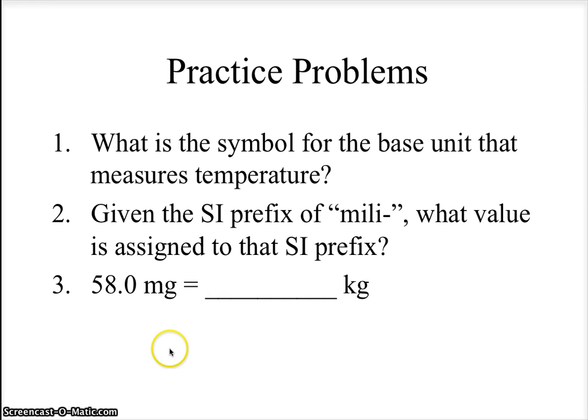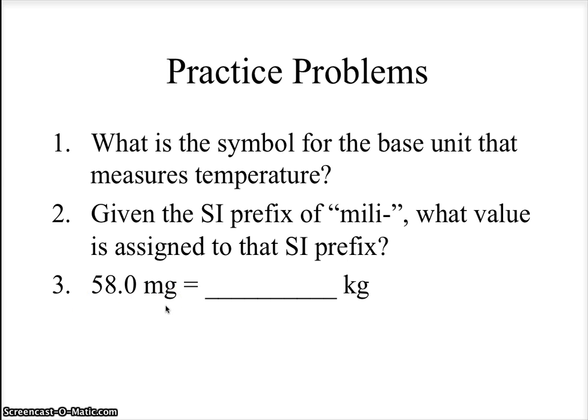So essentially you have a small measurement of some mass, 58.0 milligrams, and you have to make it have the same amount of stuff in terms of kilograms. It's like saying, I have 4.5 pounds of apples. How many ounces is that? That's essentially the same thing, but using metric units instead.